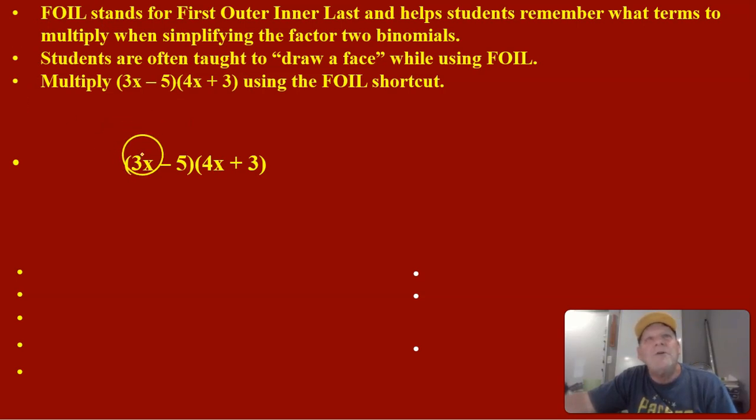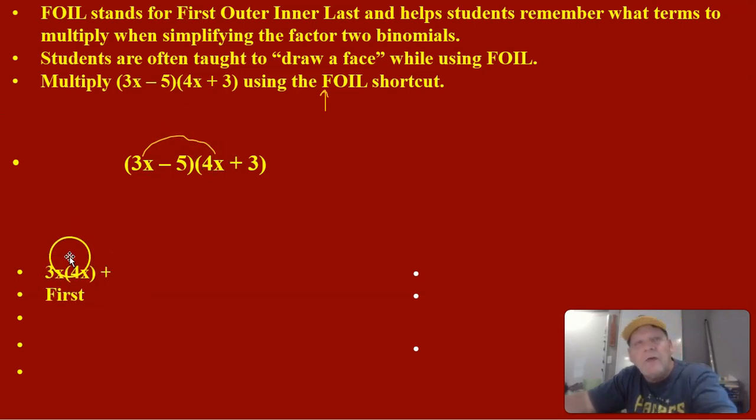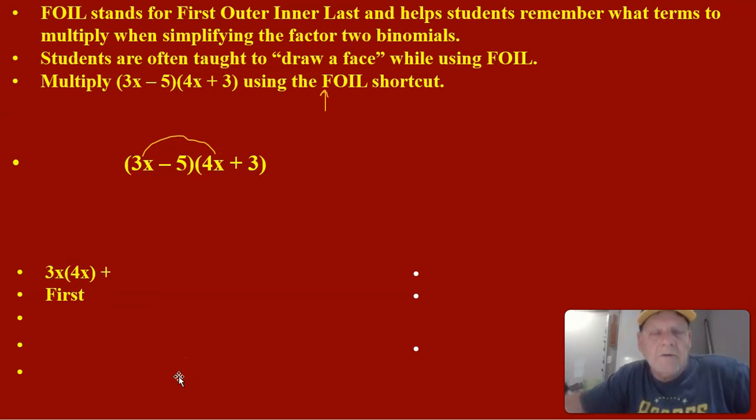So the first thing I'm going to do is I'm going to look at the F. And remember, the F stands for first, so I take the first term in the first binomial times the first term in the second binomial. And then when I do that, I have 3x times 4x.